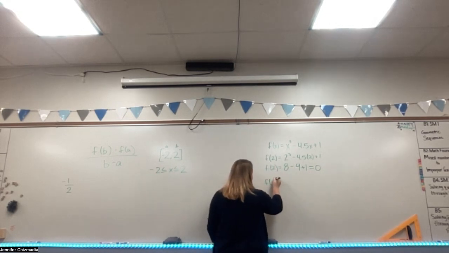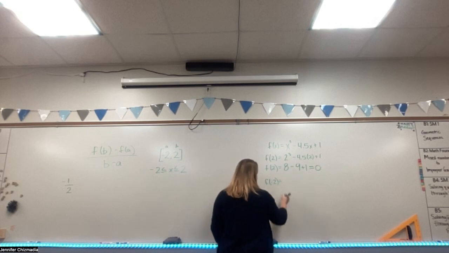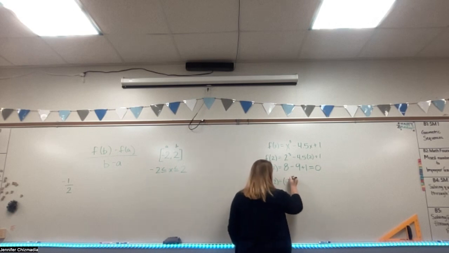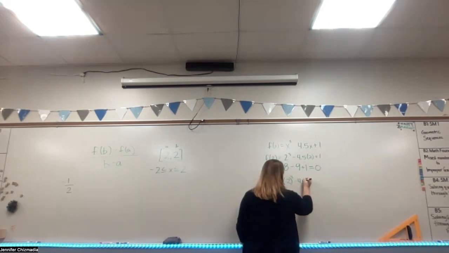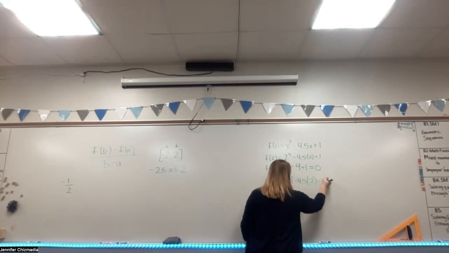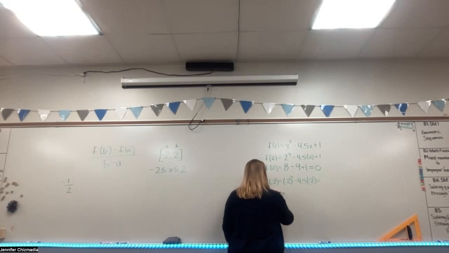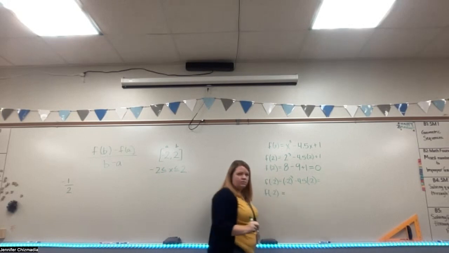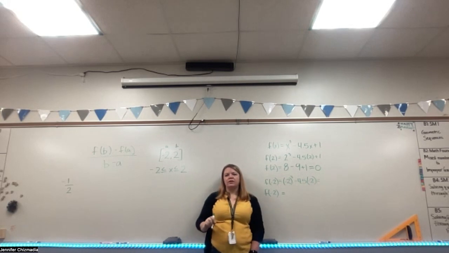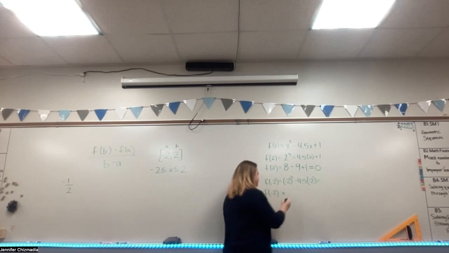Okay, so now we need f of -2. Negative 8. Okay, -8. What makes this one negative when the other one was positive? Because a negative times a negative is a positive, but then a positive times a negative is a negative. Excellent.